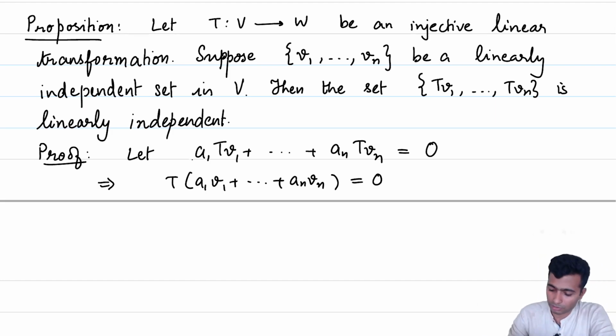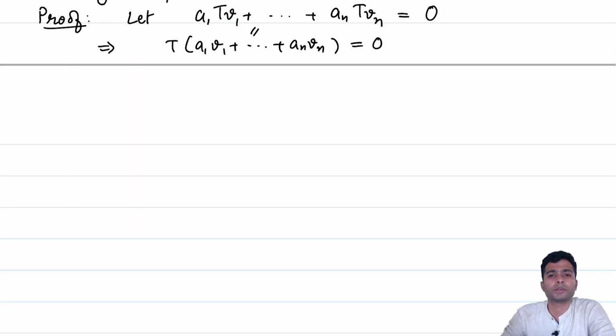Why is that the case? Because this is equal to this. The vector a1 Tv1 plus up to an Tvn is equal to T of a1v1 plus up to anvn. We just use the two properties of a linear transformation to establish that they are equal, and this is equal to the 0 vector of W. But what does it mean to say that T sends a vector to the 0 vector?